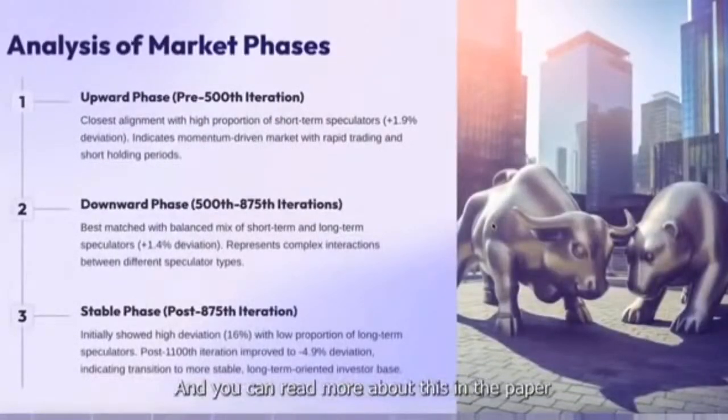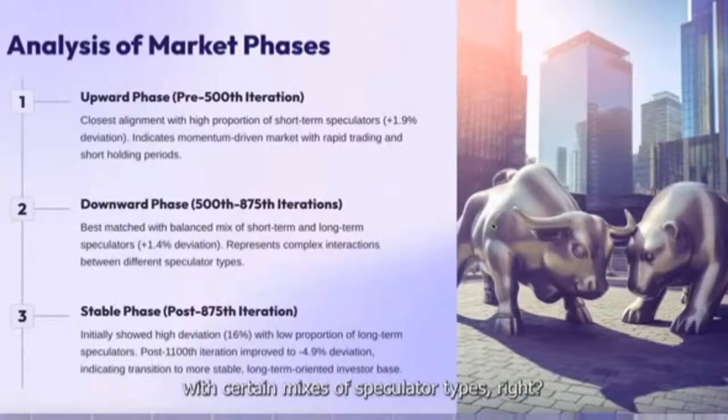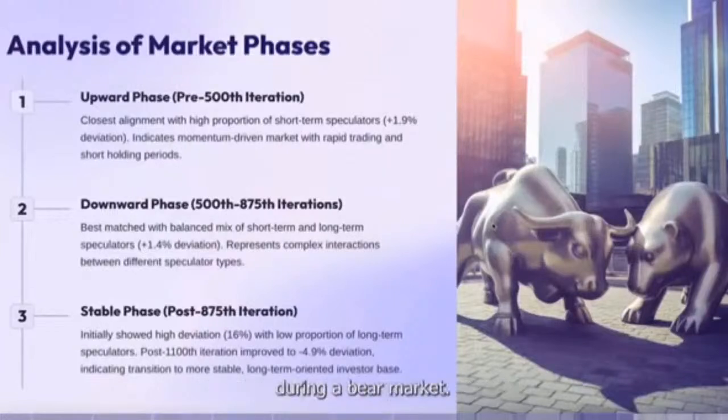You can read more about this in the paper we published. We also analyzed the market phases, and we saw that certain market phases, such as upward and downward, are each best matched with certain mixes of speculator types. Again, this follows common sense. We know that during a massive rally, the behavior of the crowd is different from during a bear market. We expect, for example, that some of the people that sell at the bottom of the market are driven by fear.